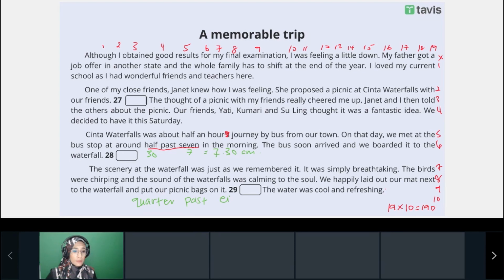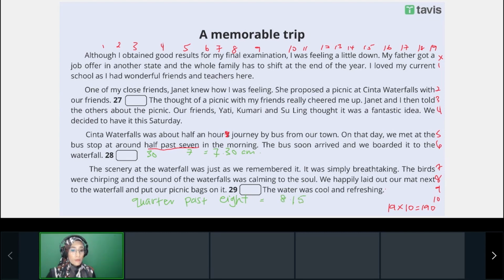Quarter past 8. A quarter is 15, right? So it's 8:15.